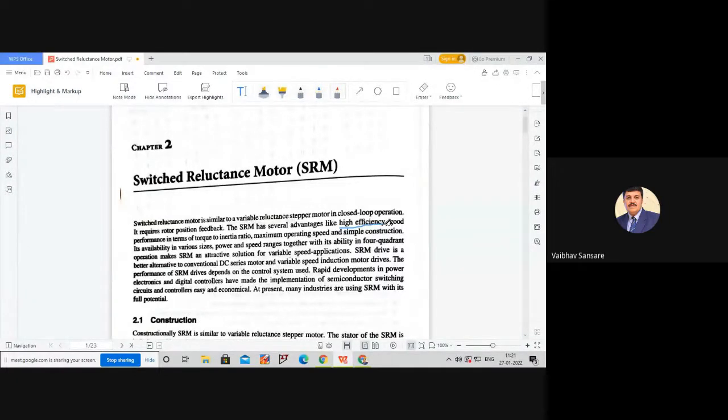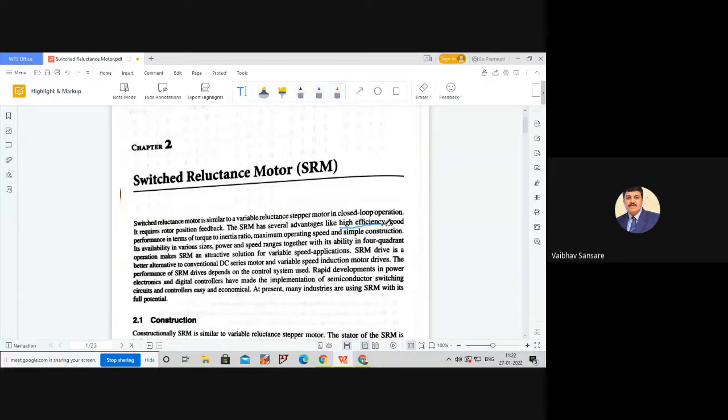So there are only stator copper losses in case of SRM, and due to this reduction in copper losses, the operating efficiency of this motor is high compared to conventional DC series motors and induction motors. Therefore, due to this higher efficiency and the maximum torque generated by this motor, it is now general practice to replace series motor and induction motor drives with SRM drives.